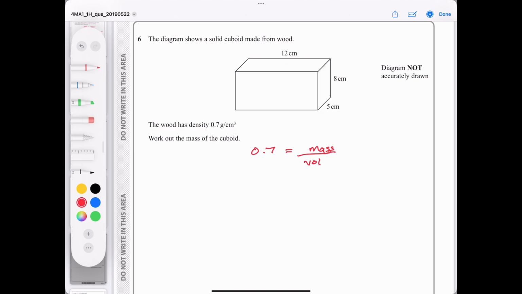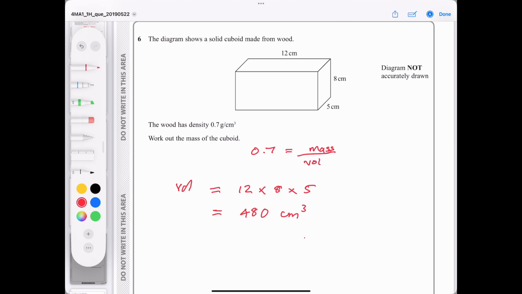And how we find the volume is by going volume will equal width times height times length. So 12 times 8 times 5. And that gives us, I think it's 480, but I will do a quick check. 12 times 8 times 5 equals 480 centimetres cubed.